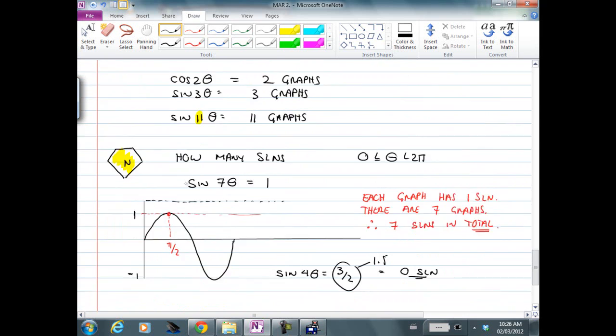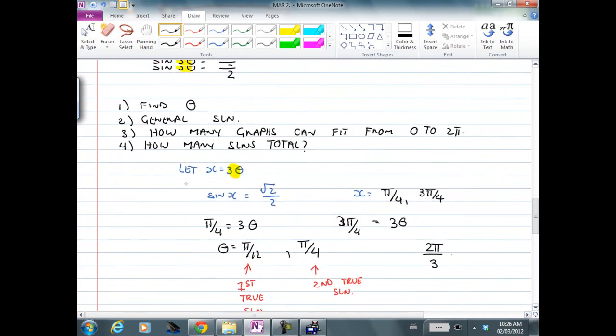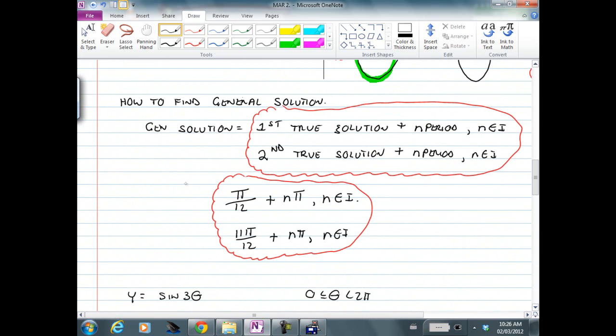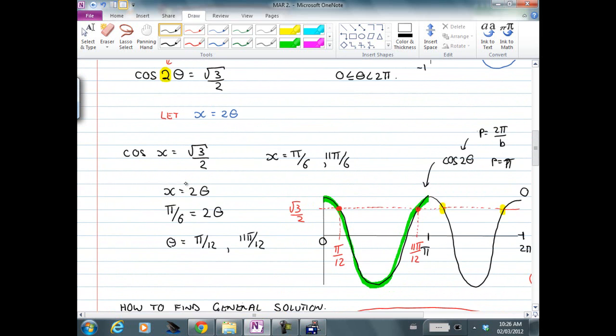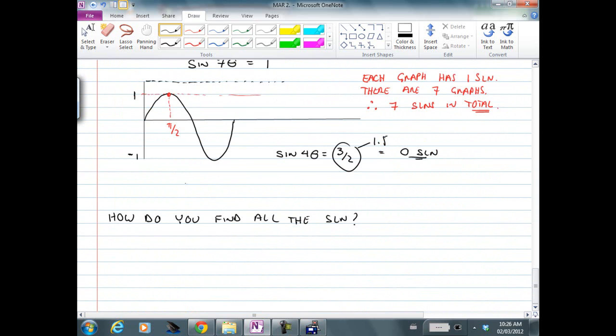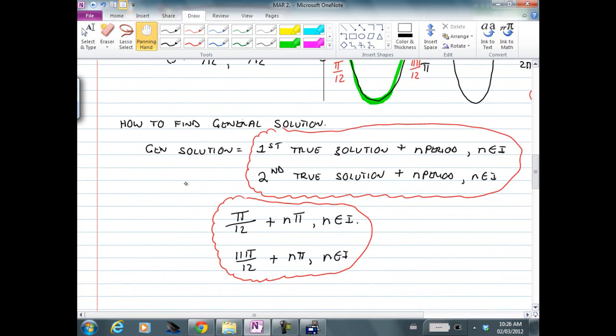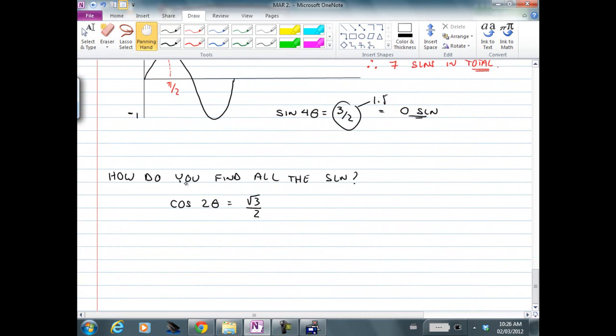I'm going to go over to my very first question I did with you. This was cos 2 theta equals root 3 over 2. I found my general solution to be pi by 12 and 11 pi by 12.